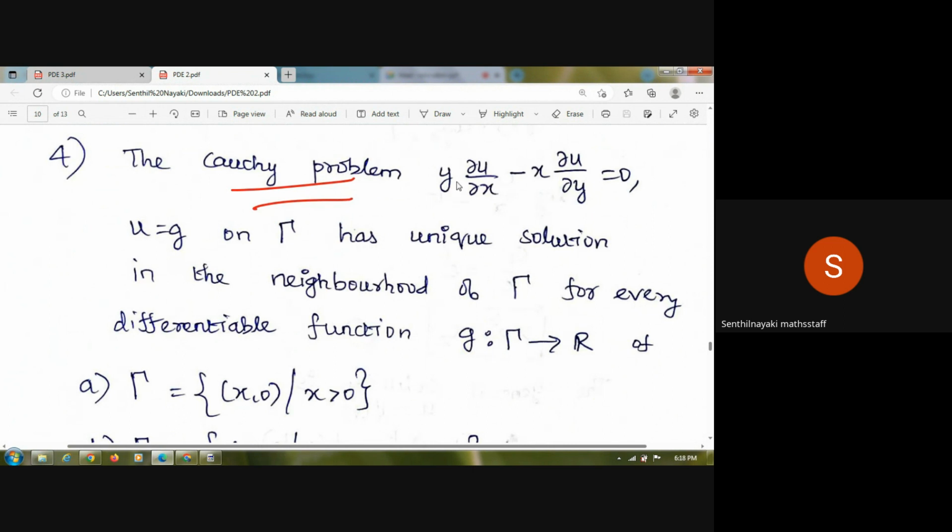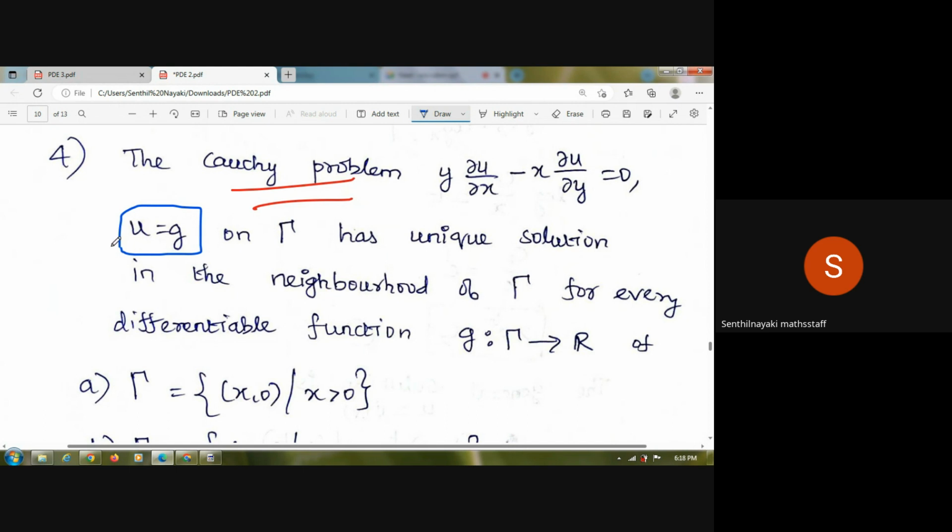The equation is y ∂u/∂x − x ∂u/∂y = 0. It looks like Lagrange's equation, but if it were Lagrange's, this relation would not have been given. So u equal to g is an extra condition.